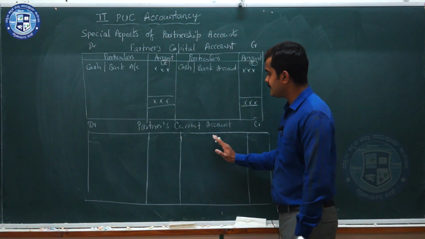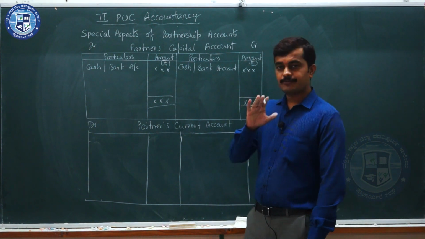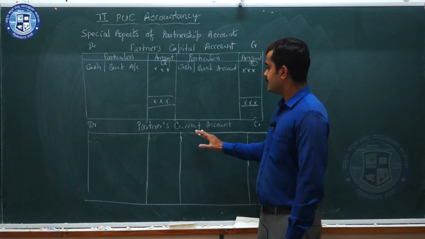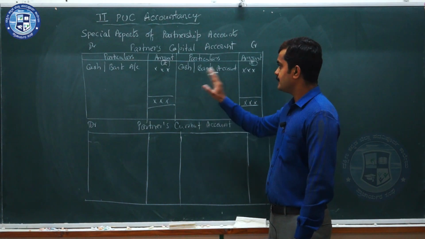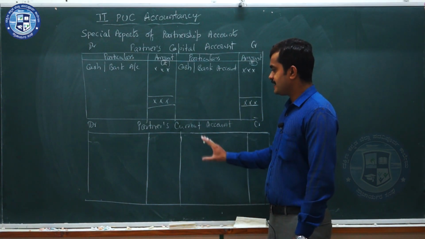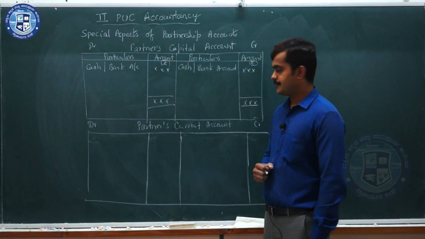Now coming to the partners current accounts. The remaining 5 transactions are recorded in partners current account under fixed capital system. So we will record all those transactions and look at the format of current account.